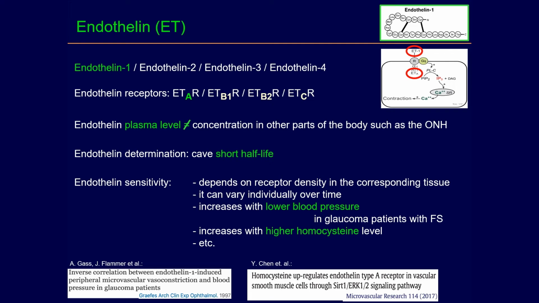We have shown in glaucoma patients, for example, that the endothelin sensitivity increases as blood pressure drops. And Chen et al. have demonstrated that homocysteine upregulates the endothelin A receptor in vascular smooth muscle cells.